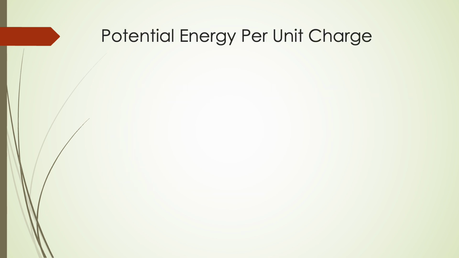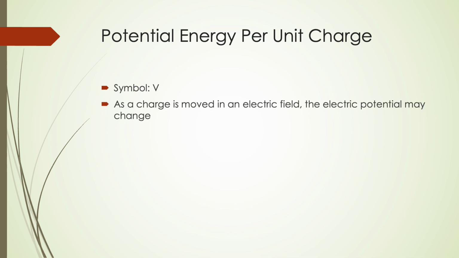Now this brings us to potential energy per unit charge. Our symbol for this is V. As a charge is moved in an electric field, the electric potential may change.